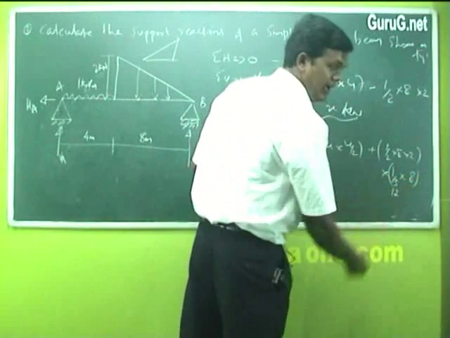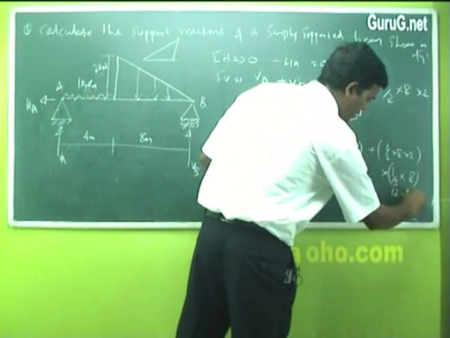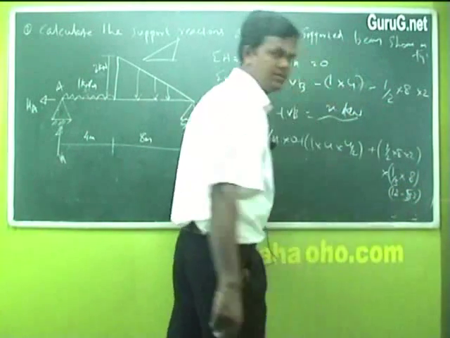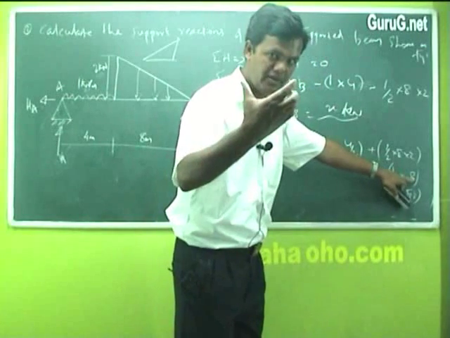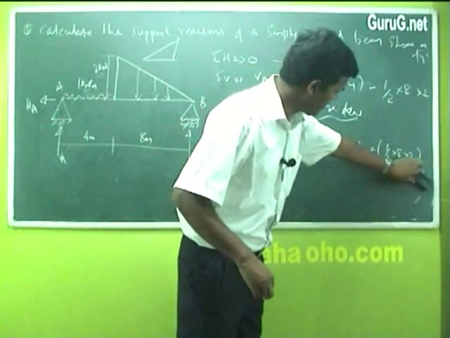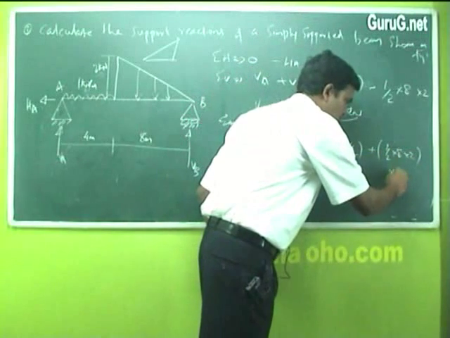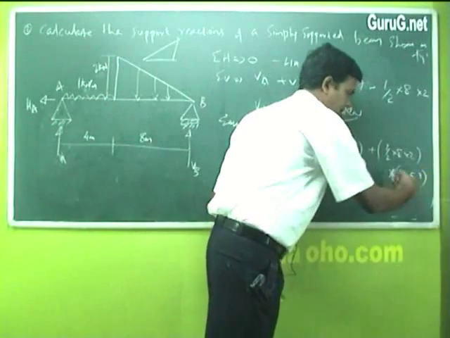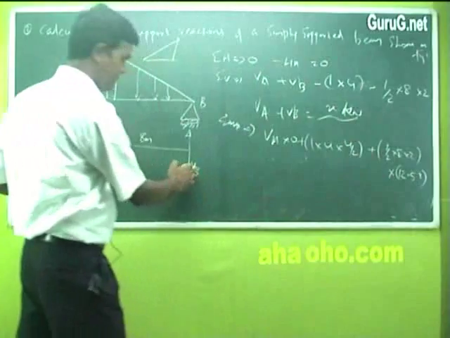What is this 1 by 3 into 8? Say suppose 5 point something. So 12 minus 5.3 something, some value is the distance. 1 by 3 into 8 is the center point where the load acts. So I will write, this is the load, half into B into H, into 12 minus 5.3. This 5.3 comes from 1 by 3 into 8. 12 is the total length.